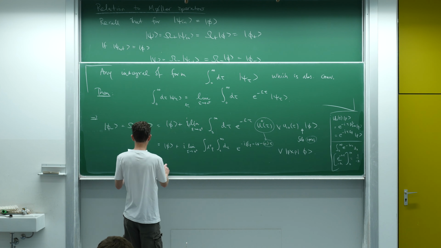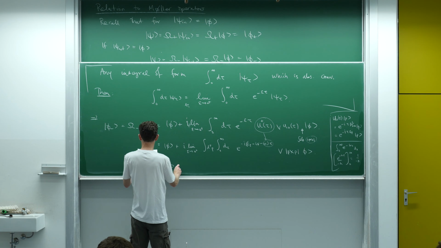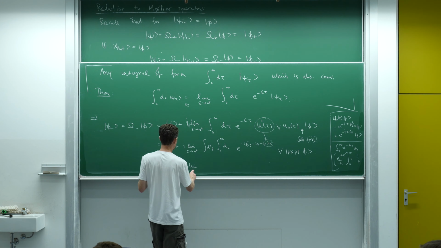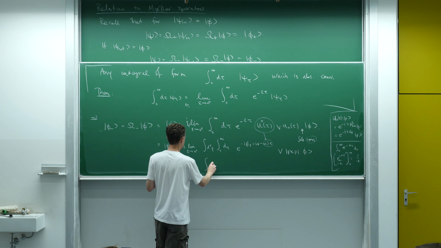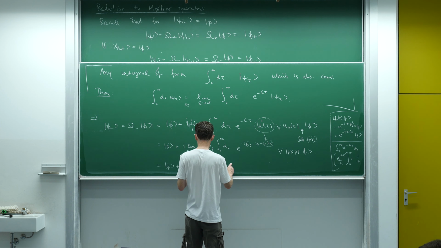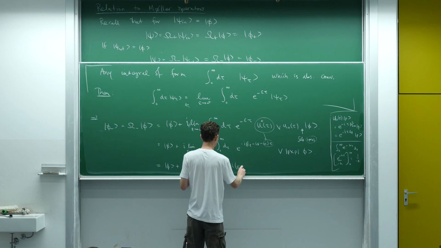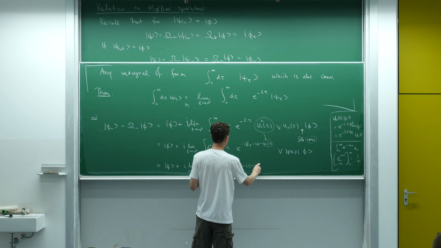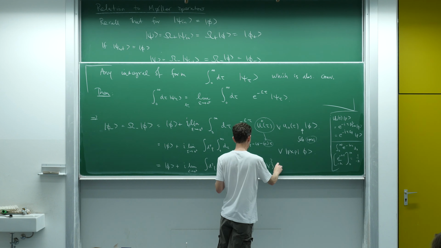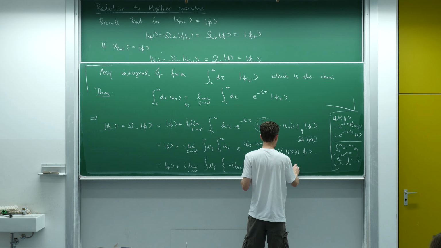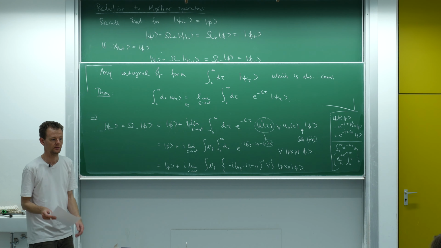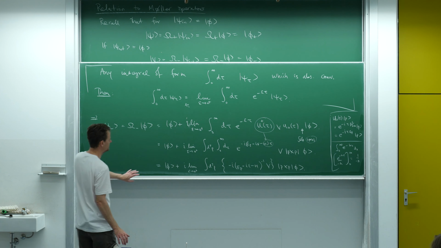So let's do the integral over tau. And then you'll see the reason for this epsilon. See, if epsilon wasn't there, this would be bad.